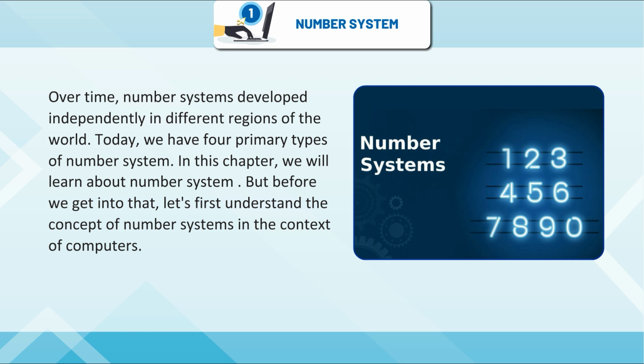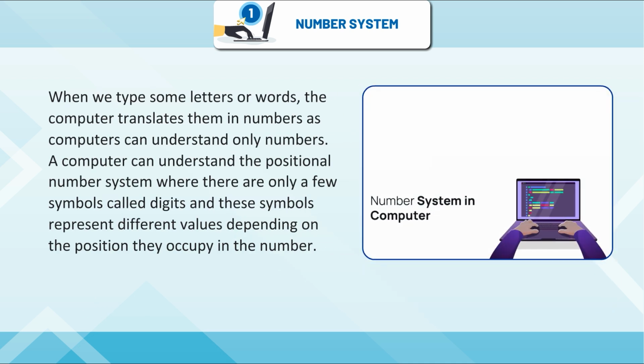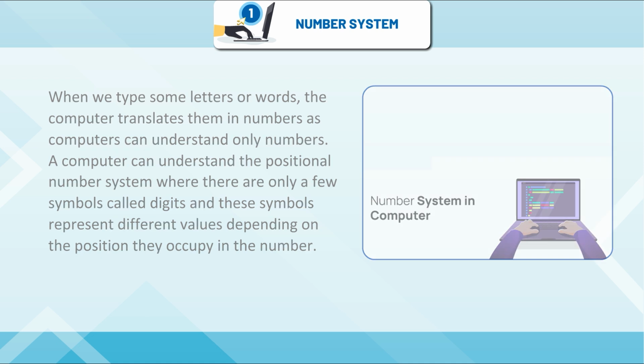But before we get into that, let's first understand the concept of number systems in the context of computers. When we type some letters or words, the computer translates them into numbers, as computers can understand only numbers. A computer can understand the positional number system where there are only a few symbols called digits, and these symbols represent different values depending on the position they occupy in the number.